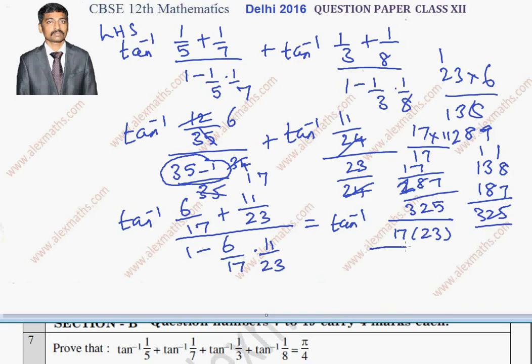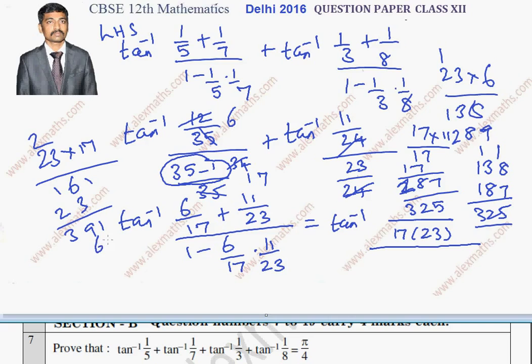Then whole divided by this we have to multiply. So 23 into 17 is going to be 391, minus 66 I have to do, because after taking LCM this will get subtracted.